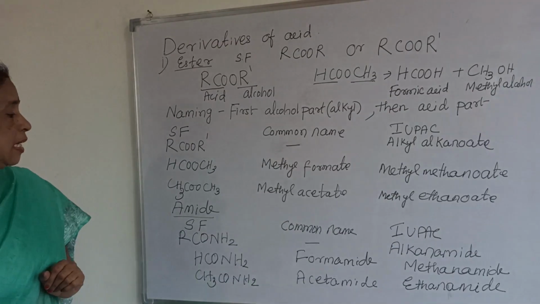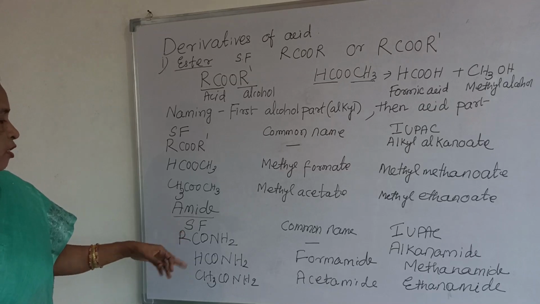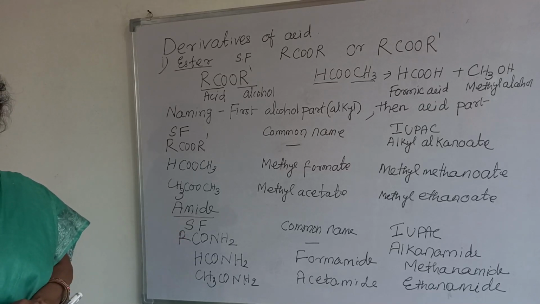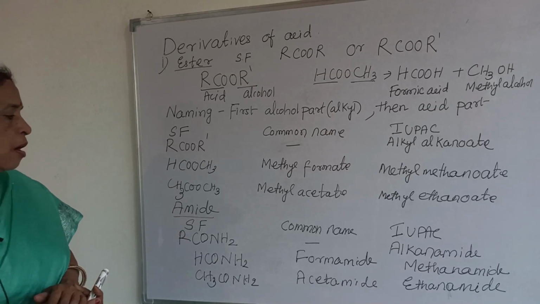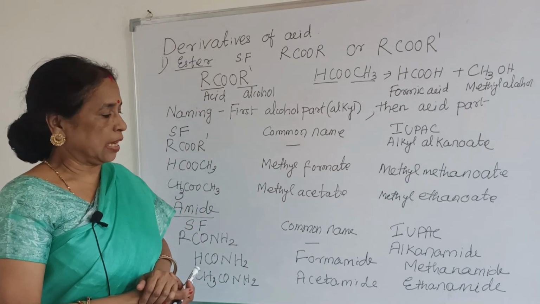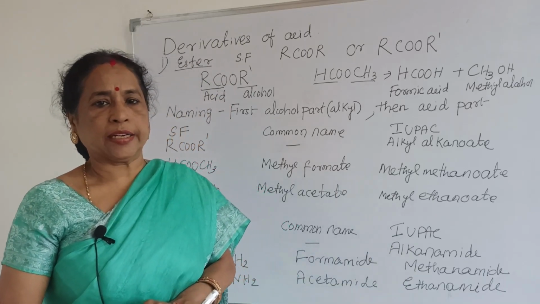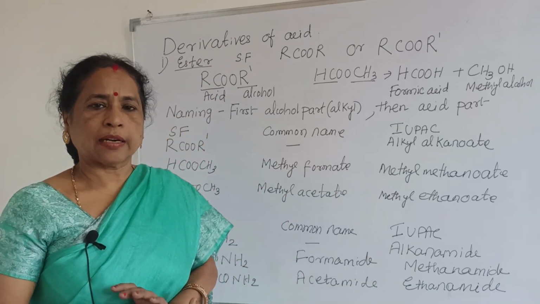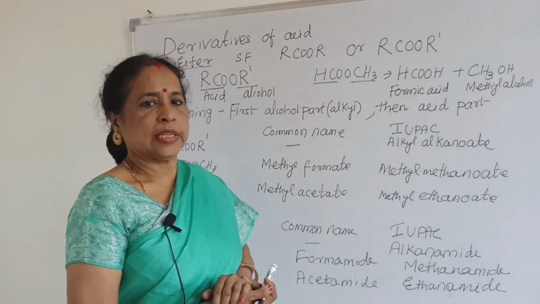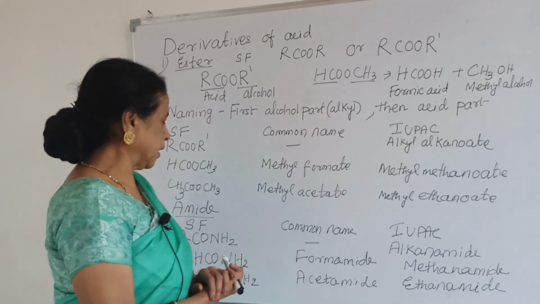Next derivative is called amide. The structural formula of amide is RCONH2, the common name is also referred to the common name of the acid, and the IUPAC name is alkanamide. If one carbon, methanamide; if two carbons, ethanamide; like this, 3 carbons, propanamide.